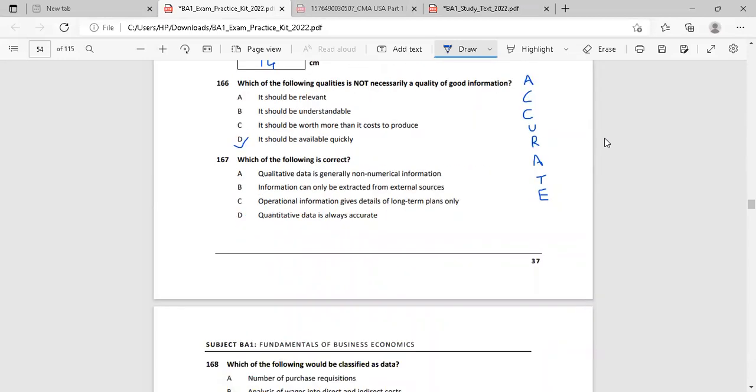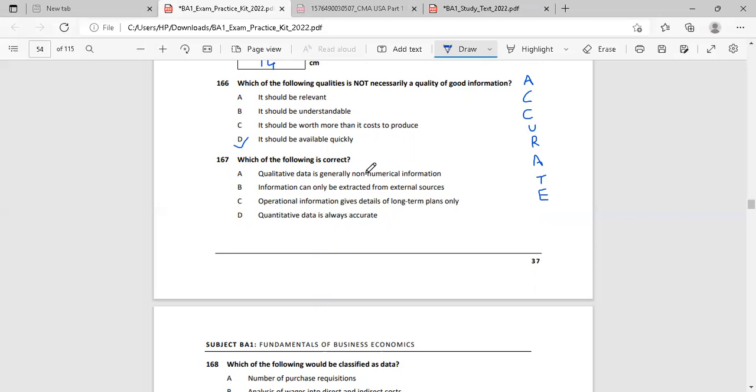Which of the following is correct? Qualitative data is generally non-numerical information. There are two types of data, quantitative data and qualitative data. Quantitative data is in the form of facts and figures. Qualitative data could be numerical also, but most of the time it is in the form of opinion. Information can only be extracted from external sources, nothing like that.